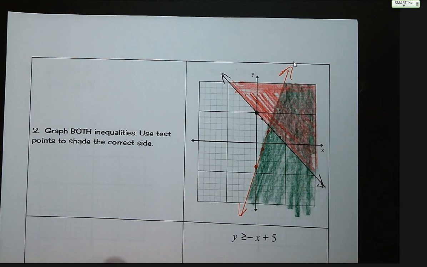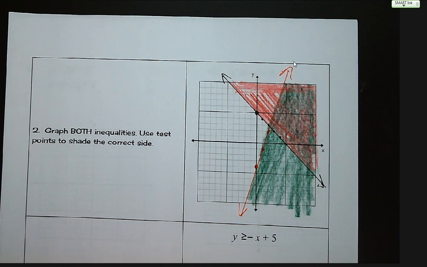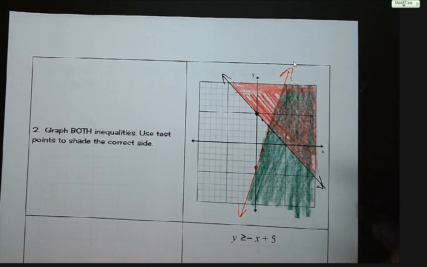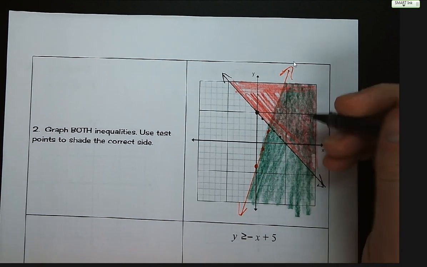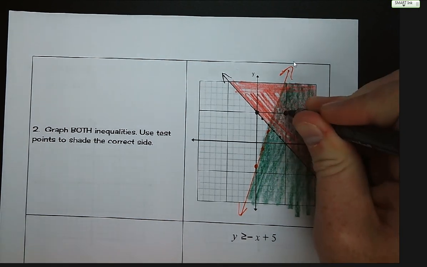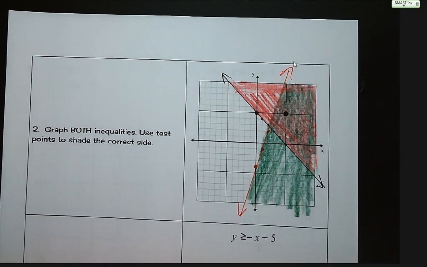All right. Now, we want to look and identify a point in our overlapping section. So somewhere in the middle of where both areas are colored, where we have both red and green. So I'm going to pick this point right here, (5, 5). That's going to be my test point. Now, I'm going to plug that into my equations. So 5 is greater than or equal to -5 plus 5.